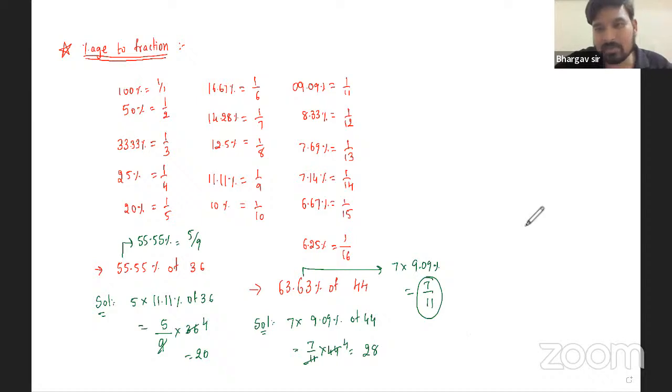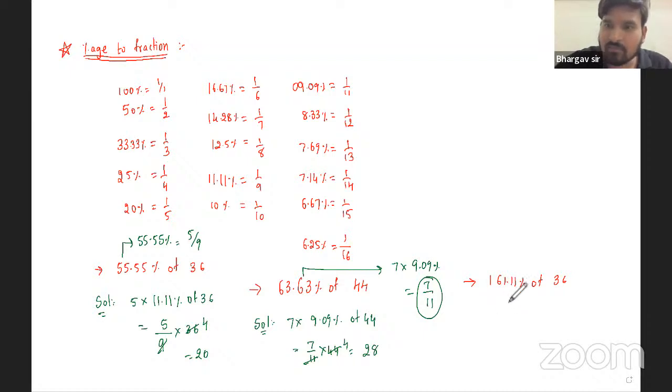Now, what happens if at all my number goes beyond 100%? For example, I want to find out 161.11% of 36. How will I write this?